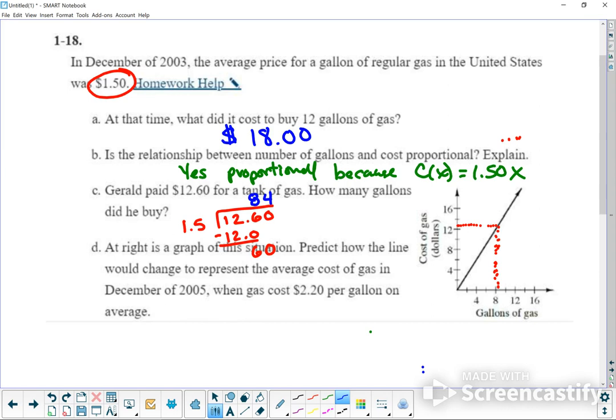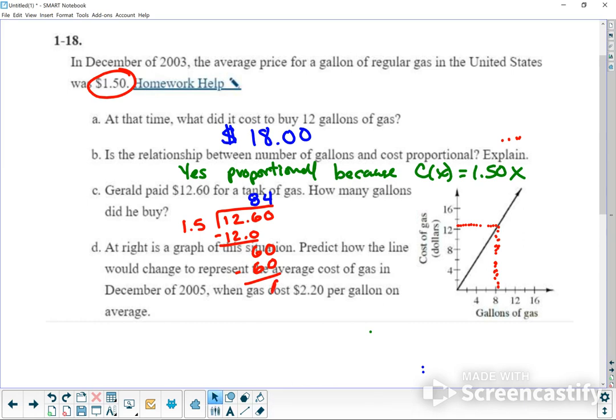Because 4 times 1.5 is 6. There it is. Okay. So you get 84 gallons.